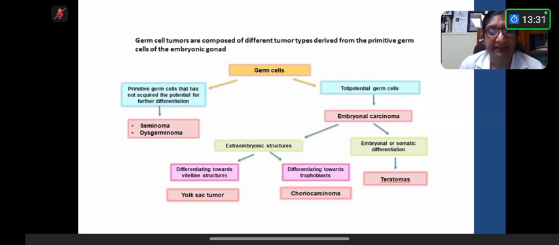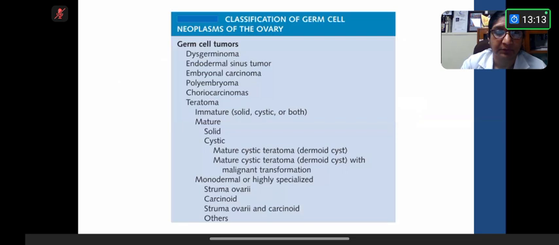and germ cell lines, then it may differentiate towards Wittline structures, going on to give rise to yolk sac tumors, or they may differentiate towards trophoblast and give rise to choriocarcinoma. If it develops on the embryonal differentiation, then they give rise to the teratomas. So this is the classification of the germ cell tumors of the ovary.